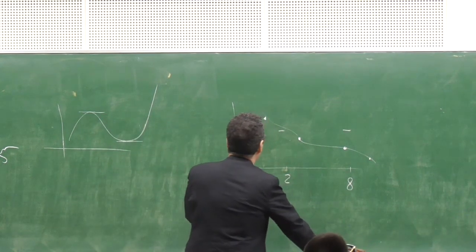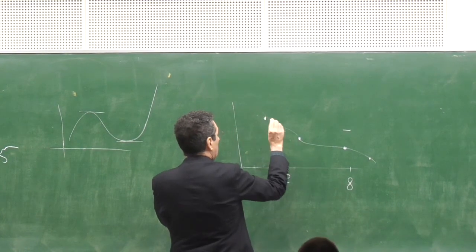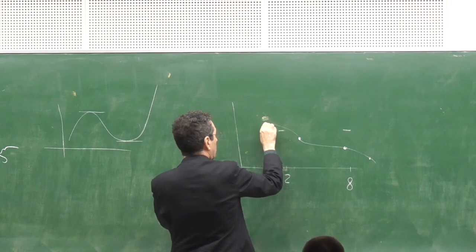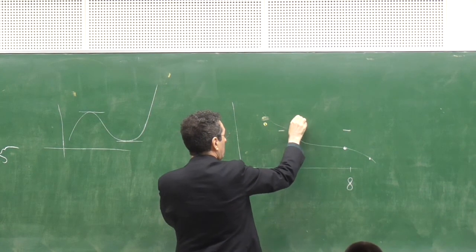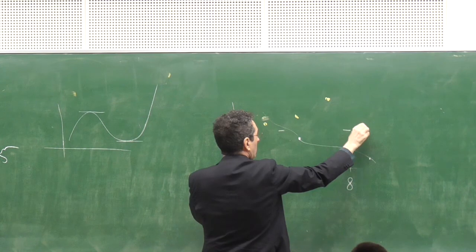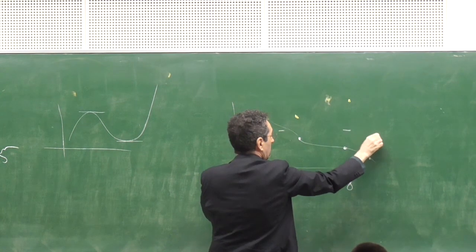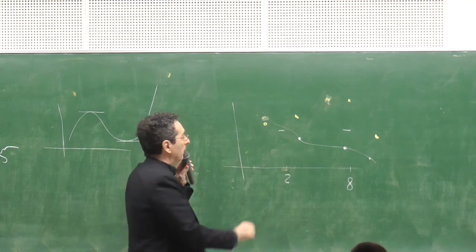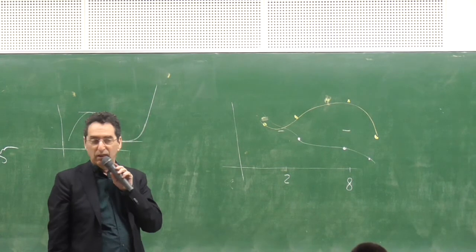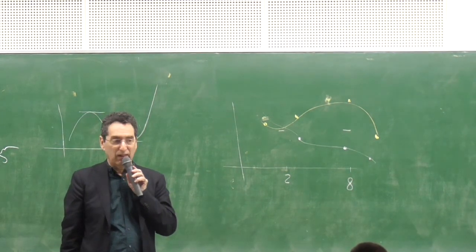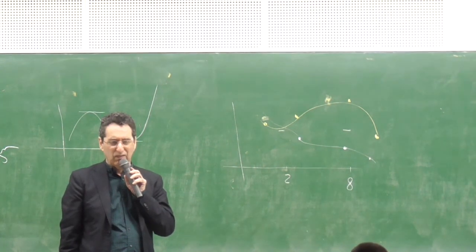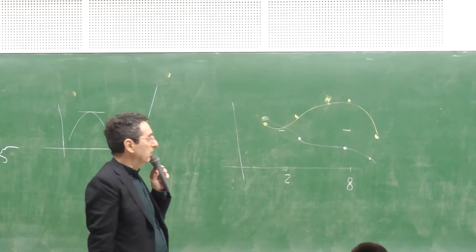Another pattern is it could look like this. Right? That's another pattern. And there are a couple other patterns also that are possible. But I don't think there are too many. I think there are only 4 patterns that are possible.